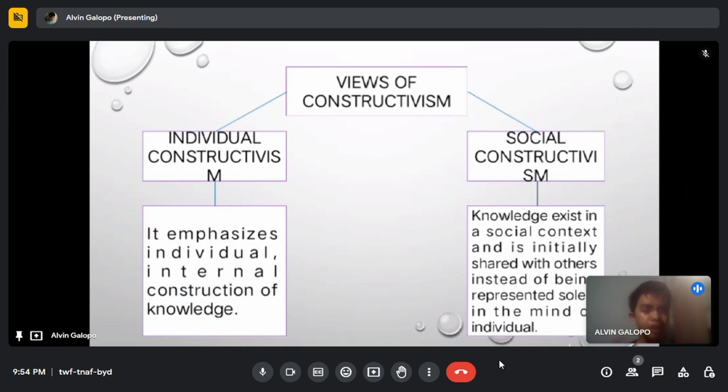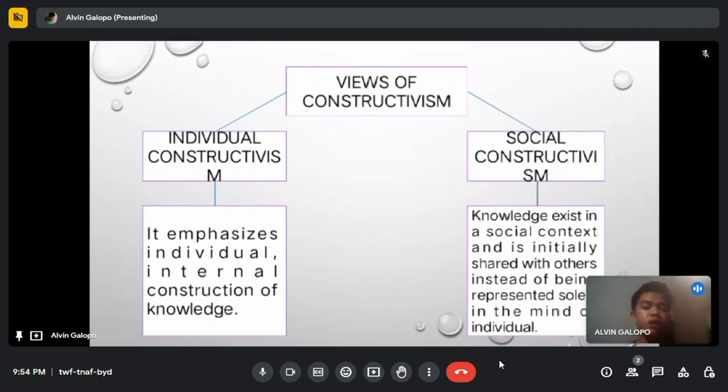This view focuses on the personal cognitive processes of the individual, where they build or construct their own understanding about particular information through activities, personal reflections, experiences, and cognitive processes.